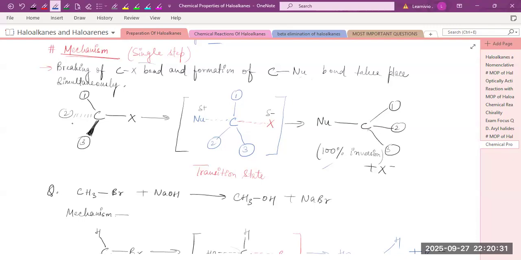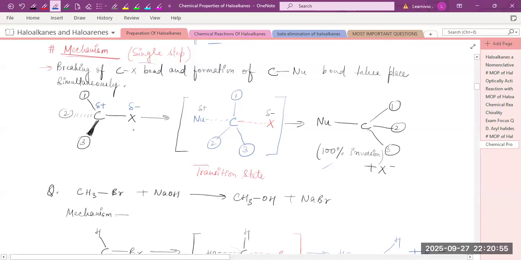So what happens over here? So this is a CX bond. And you know what is the nature of the CX bond? X is electronegative. So in this CX bond, X will acquire partial negative charge and carbon will acquire partial positive charge. And what do I mean by electronegativity? Electronegativity is basically a tendency to pull the electron density towards itself.